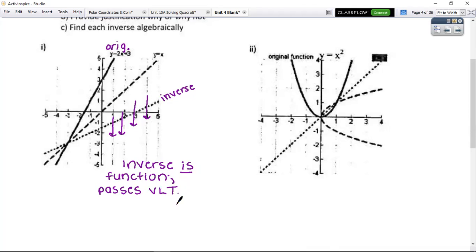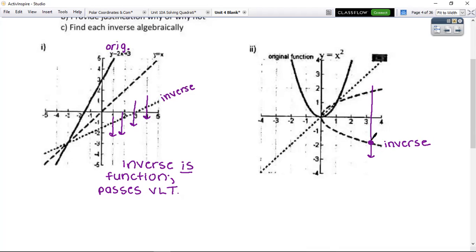So is my inverse, which is this one, a function or not this time? So is this inverse a function? No, fails the vertical line test. That's twice.